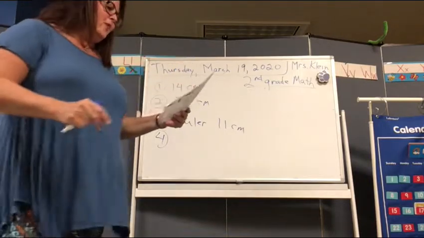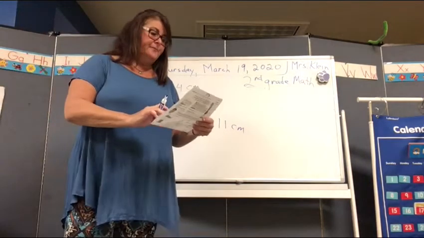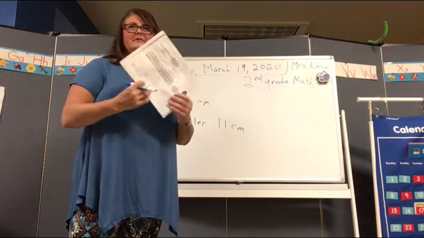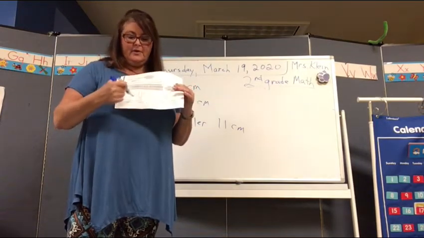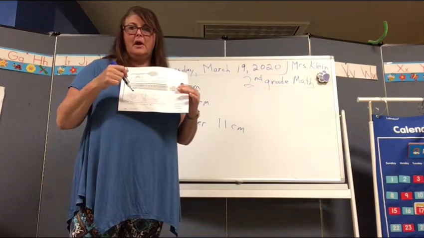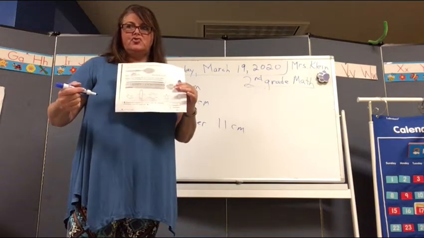So, what are we going to do with the string? What did we say we could do with the string when we do measurements? We can measure objects that are not straight.